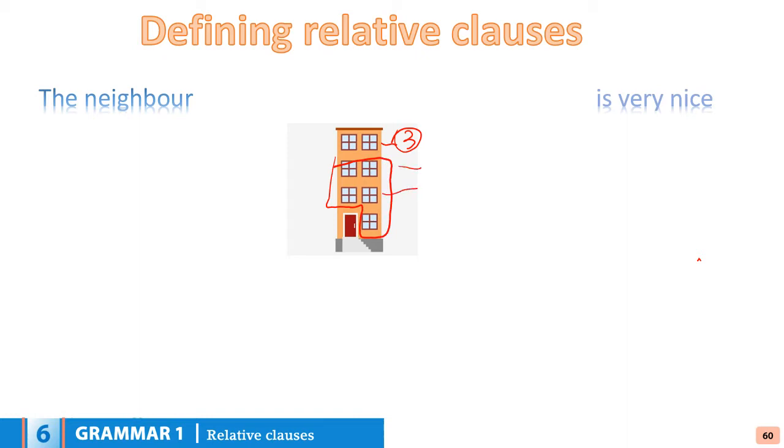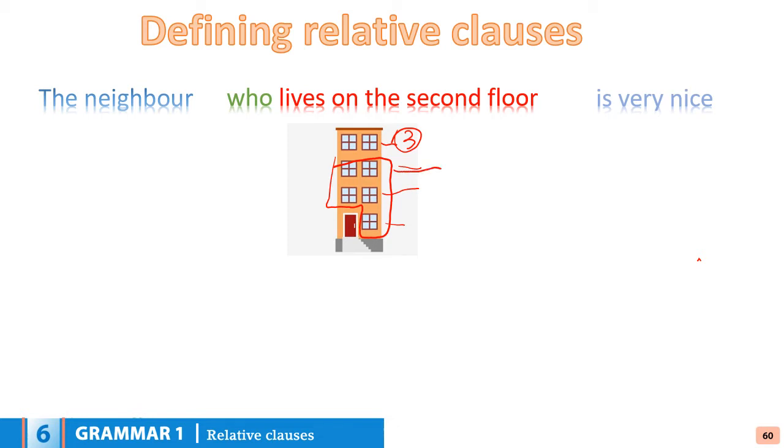This one, and this one. What neighbor are you talking about? Give me some information, please. Okay, I will give you a defining relative clause so you can understand me. The neighbor who lives on the second floor is very nice.